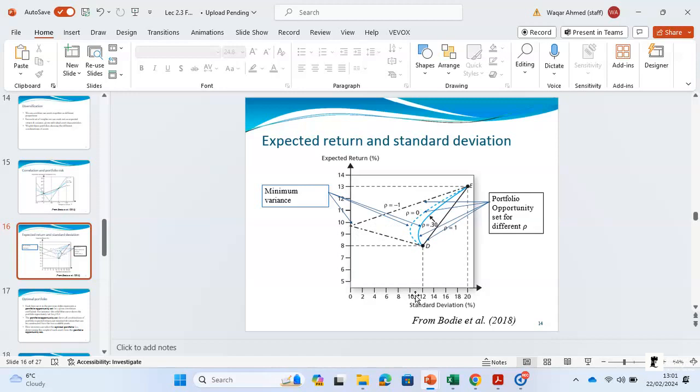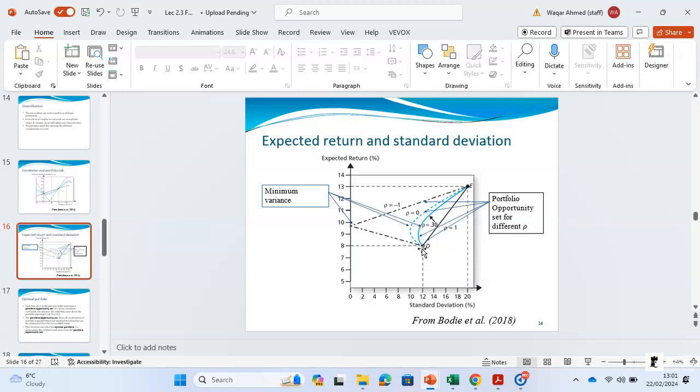So you can see we are still using the same two stocks, but our risk has gone down. If we put everything in stock D, our risk was 12%. But by combining these two assets, we can create a portfolio that gives us a higher expected return, but our risk has gone down.